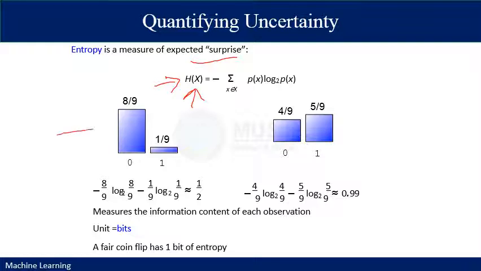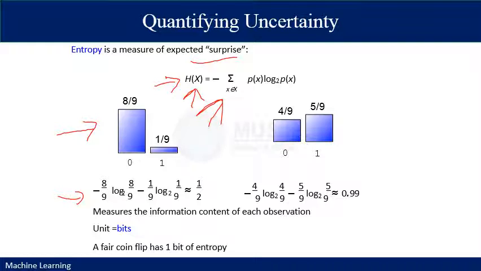Again we have two examples which have 9 outcomes, and the first example shows that the outcome was 8 by 9 and 1 by 9 for 0 and 1 respectively. On the other hand, we had the fair output. To quantify the uncertainty, we use the same formula and put in the values to find the actual outcome.